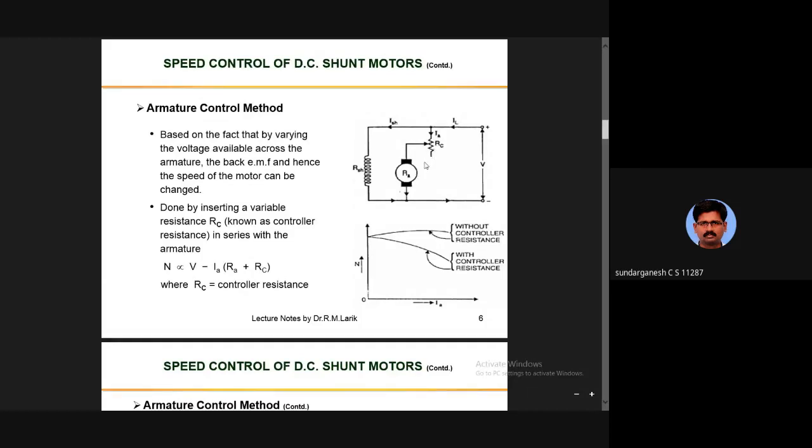Now full resistance is added, so there is more voltage drop and the back EMF is reduced further. So now the speed will be reduced even more. Without controller resistance, speed will be higher; with controller resistance, speed will be lower.